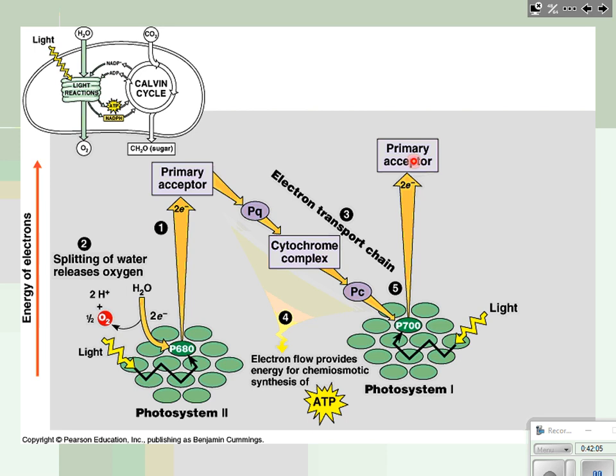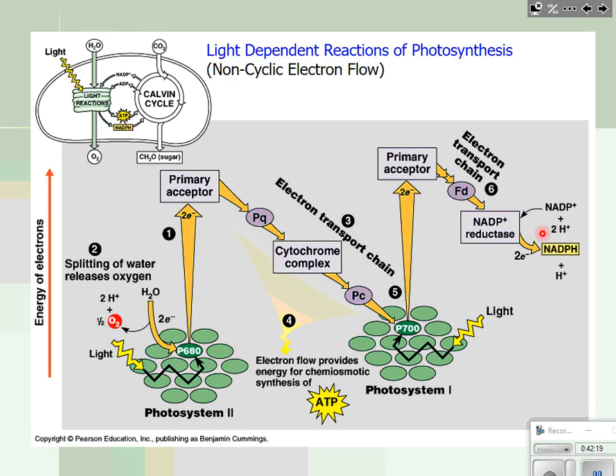And once again, those high energy electrons are going to travel down an electron transport chain. Not the same one, not this electron transport chain, but a different electron transport chain. And this time, at the end of the electron transport chain, there's a special protein called NADP reductase.